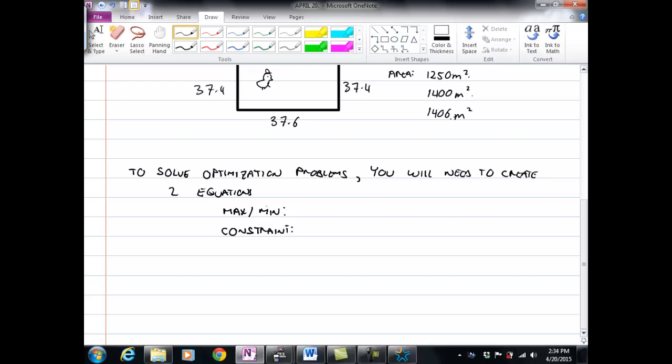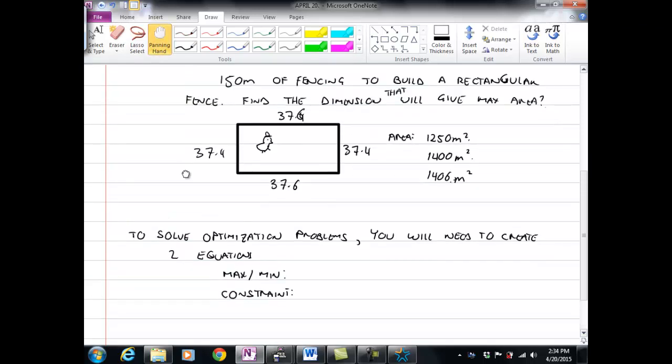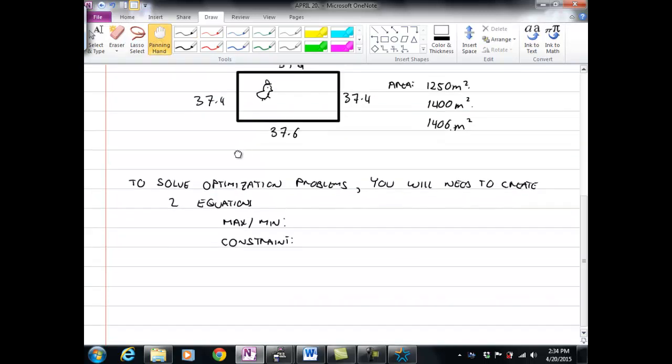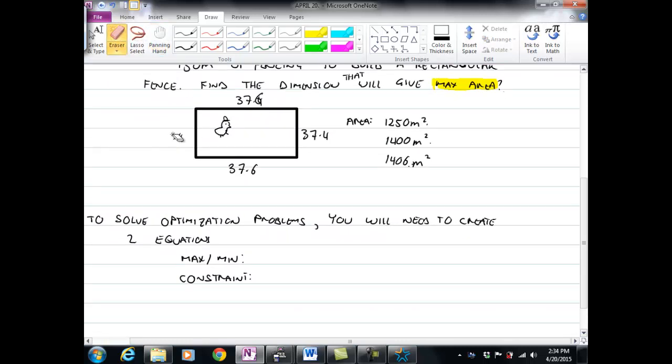I'm going to start with the max-min equation. I look at my question again, and it says: find the dimensions that will give max area. I'm looking for max area, so right off the bat I want to create an equation that involves area. Let's draw this again without numbers.